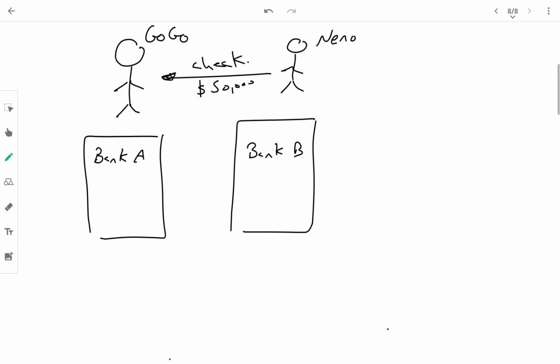What's going to happen is that Gugu is going to deposit the check in her bank and ask them to collect the money from bank B and then deposit the money in her account. For now, the checks are found in bank A. They haven't been collected yet.